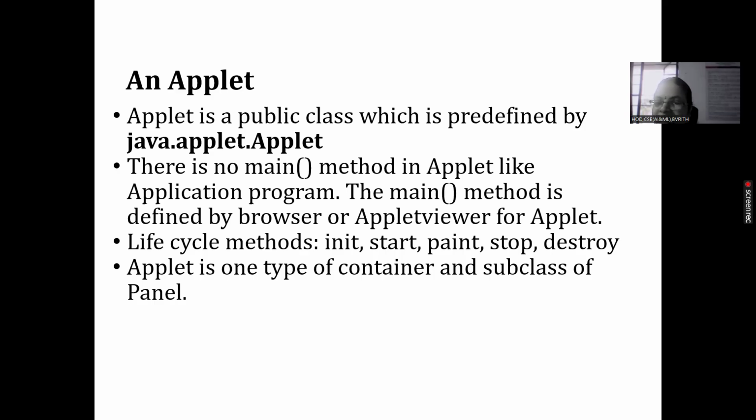We can just create and compile them, but we are not able to execute them because our browsers are not supporting this type of applet. At the same time, there is a special browser provided by Java, the applet viewer, and this related class is also not available in the present versions. So if you want to try applets, we need to have JDK 1.3. Then only can we work with this type of applet classes.